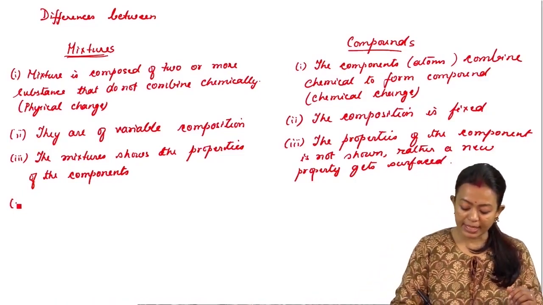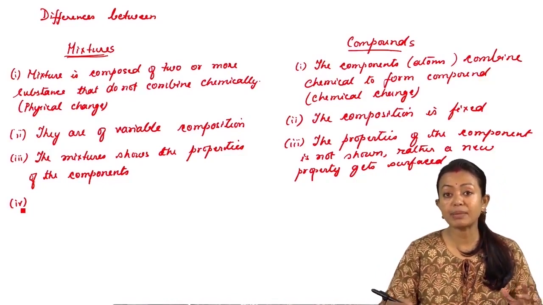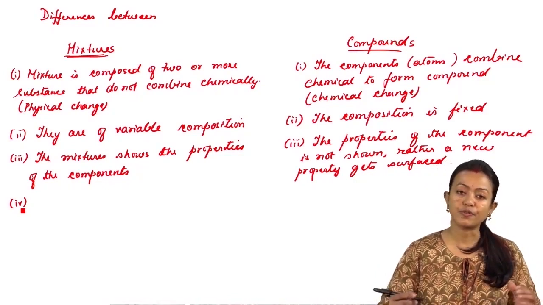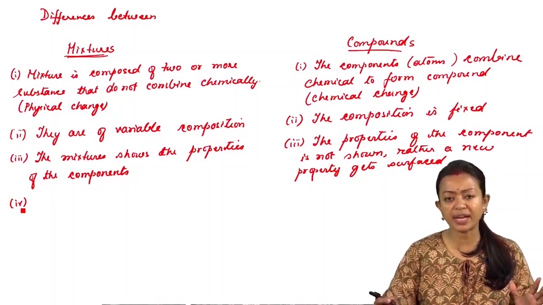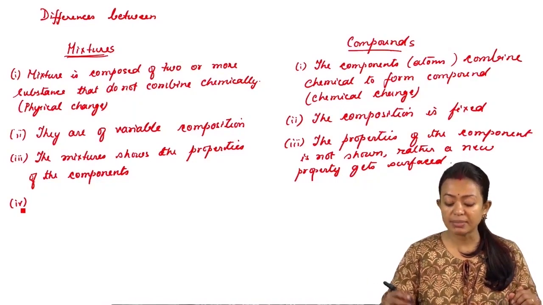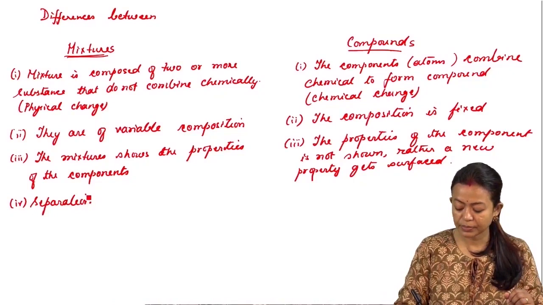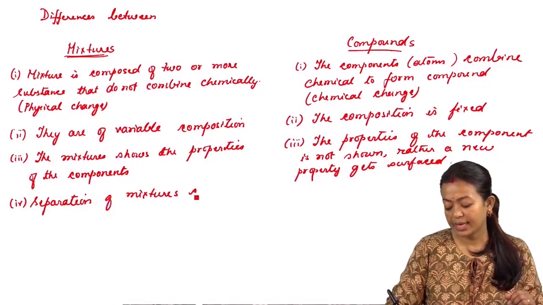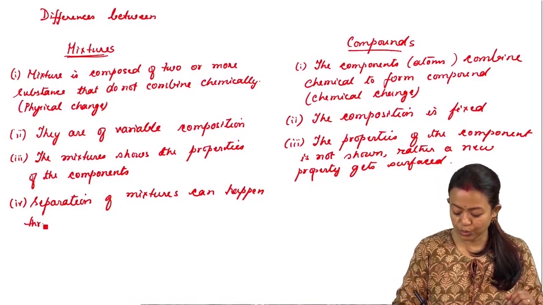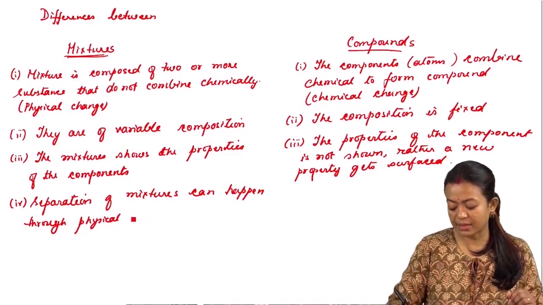Alright. The next property for mixtures, what can you think? That in case of mixtures, you can separate them easily, right? By the process of filtration, evaporation, sieving, hand picking. There are so many different kinds of physical processes by which the mixtures can be separated. So separation of mixtures can happen through physical methods.